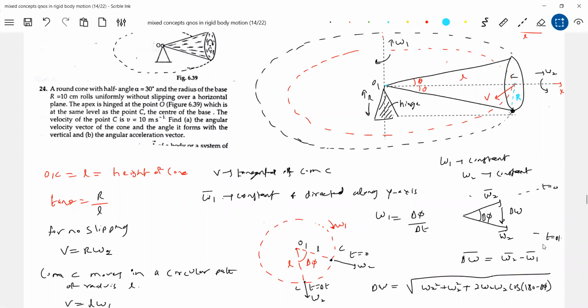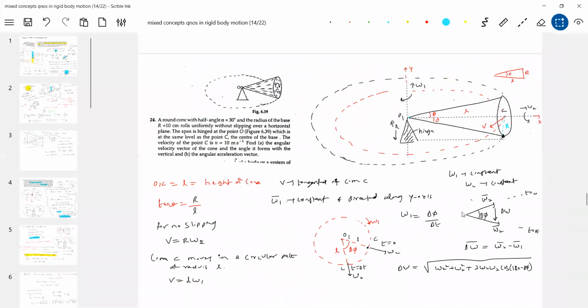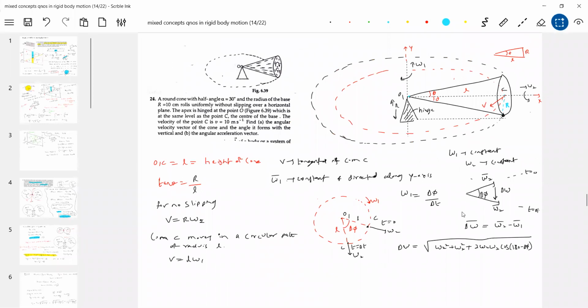Now everything is available, just analyze cleanly. So the angle between omega 2 and minus omega 2. Omega 2 is a velocity vector: this is the initial, this is the final. The initial one I'll put like this. Agreed? And omega 2 is the final. So the angle between them will be 180 minus delta phi.